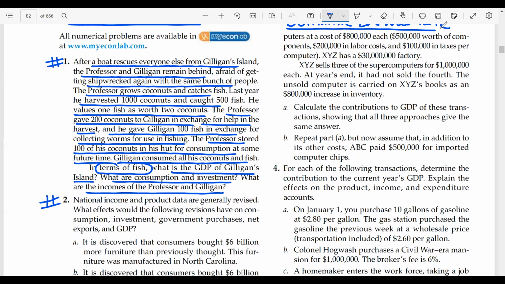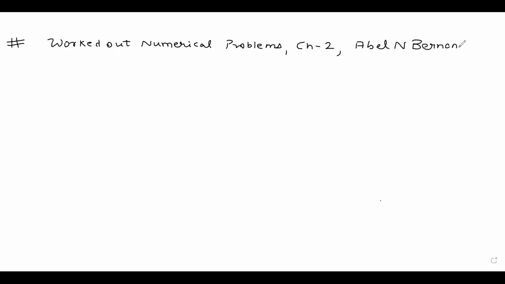So we are looking at the worked out numerical problems from chapter 2, Abel and Bernanke. In this particular lecture, we are starting with the discussion of problem 1.